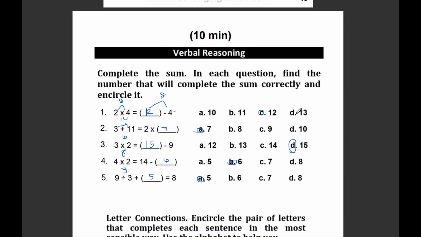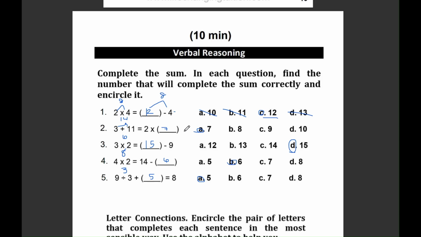Why not? 10 minus 4 equals 6. 11 minus 4 equals 7. 13 minus 4 equals 9. None equal 8. Answer: C, 12. Formula: blank equals 2 times 4 plus 4 equals 8 plus 4 equals 12.